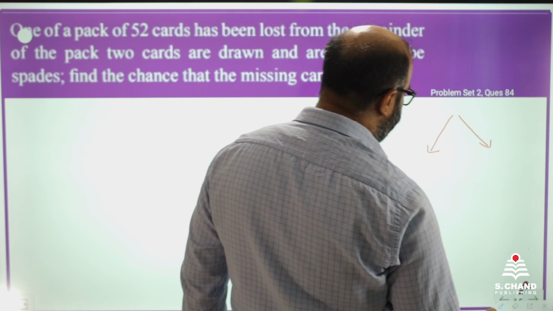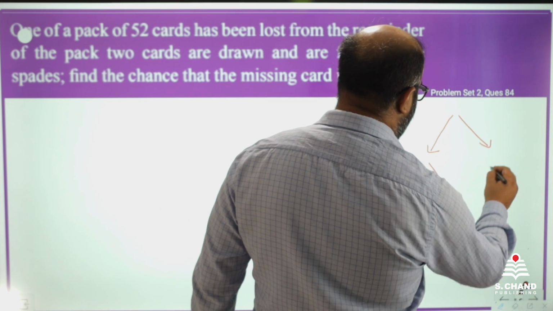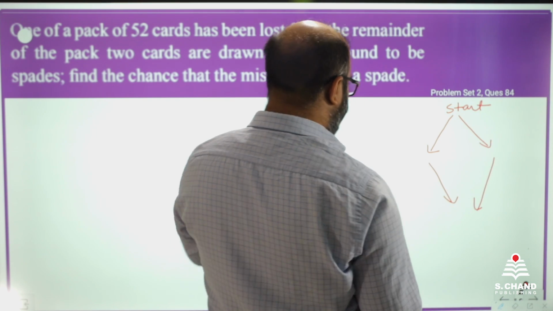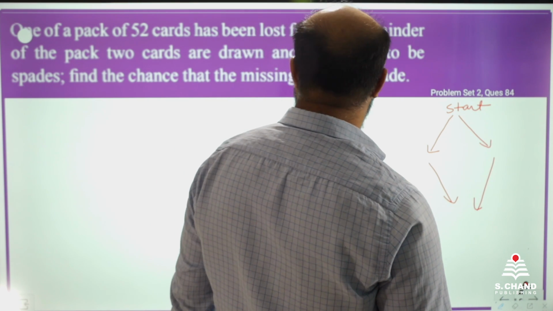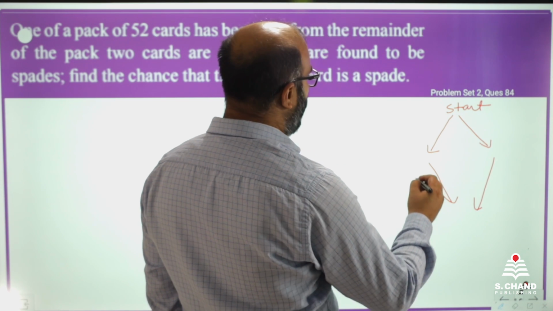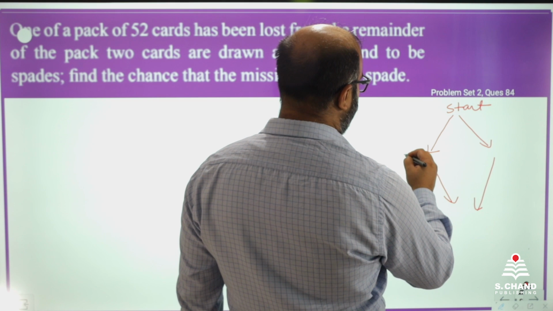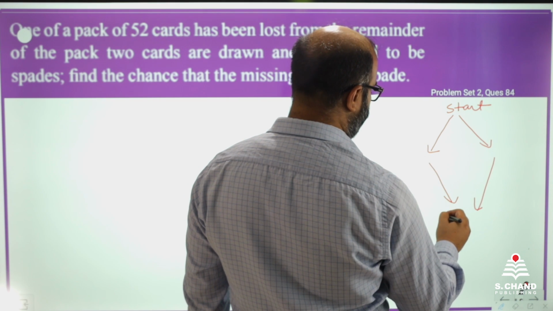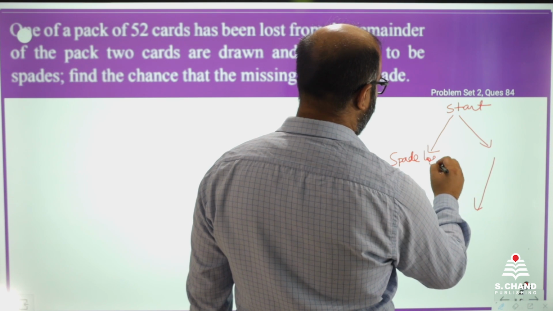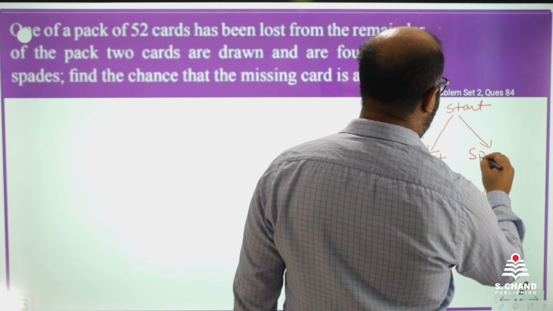So this diagram I am drawing here, we have started the experiment and we are saying what is the chance that the missing card is a spade. So spade lost, this is what we are saying, and here we are saying a spade not lost.